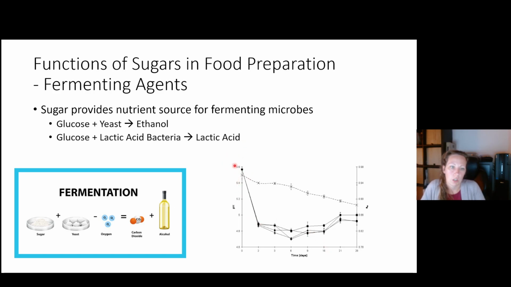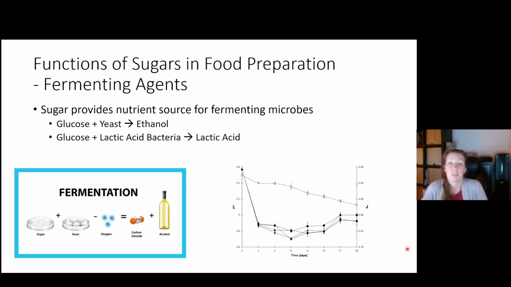The pH starts out fairly high, close to 5.6, and the lactic acid bacteria consume glucose and convert it to lactic acid, which lowers the pH and the water activity. That is how we get a shelf-stable sausage, right?